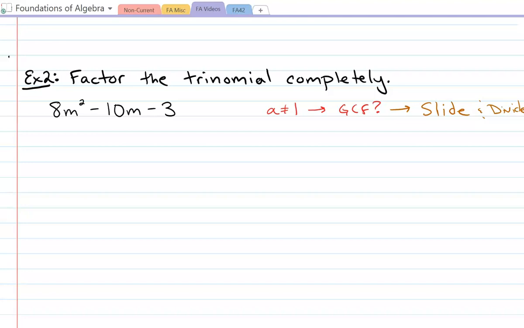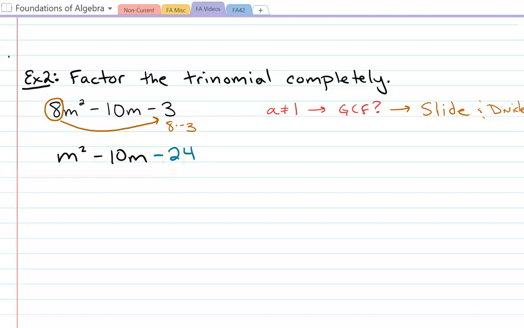Alright, so we're going to start with the slide part. So we take the a, the 8, and we multiply it to our c, so 8 times negative 3. So we get m squared minus 10m minus 24.